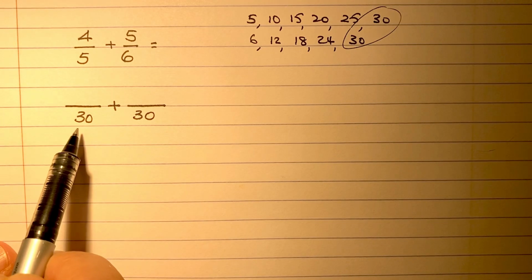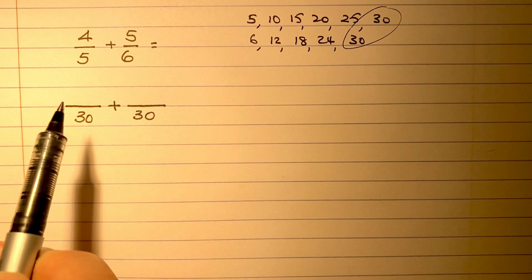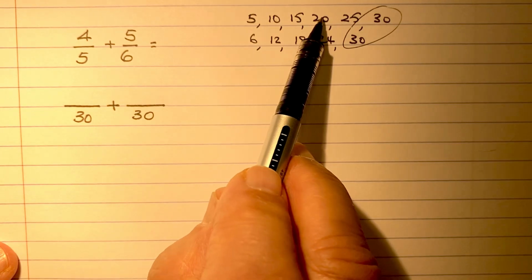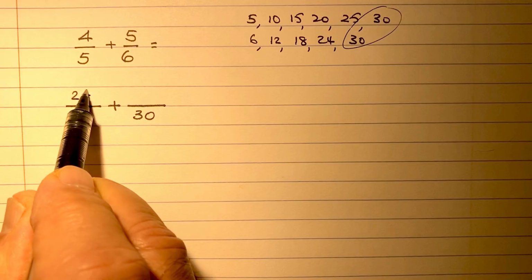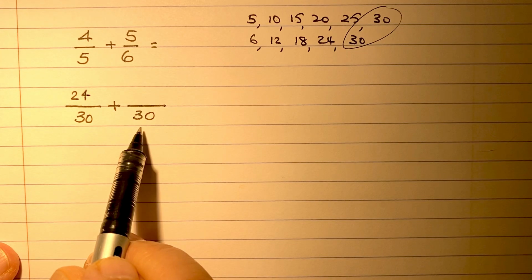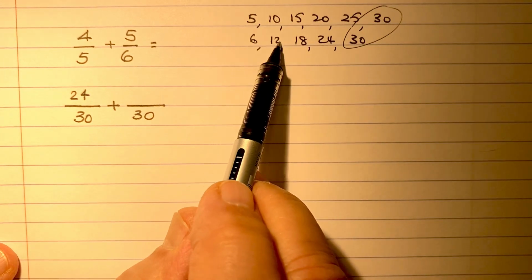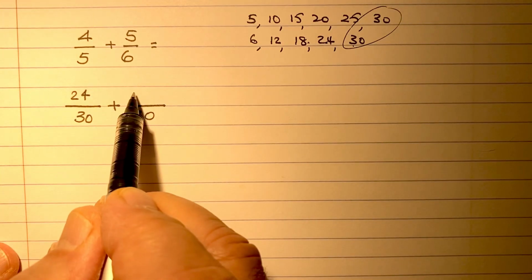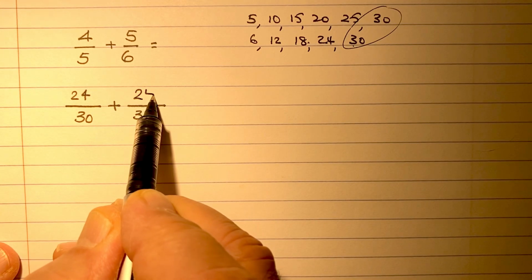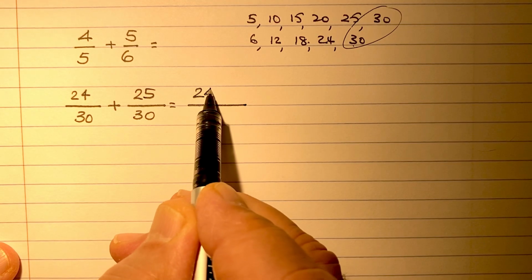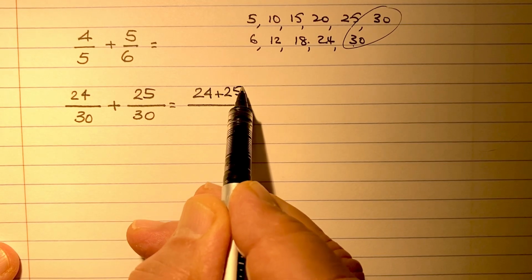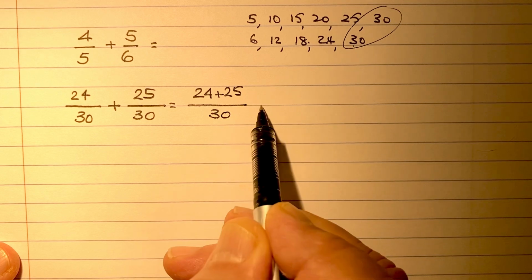5 has become 30, that's 6 times bigger. You can count here, 1, 2, 3, 4, 5, 6. So 4 times 6, 24. 6 has become 30, 5 times bigger. You can count 1, 2, 3, 4, 5. You times the top by 5, 25. So you have 24 plus 25 over 30.